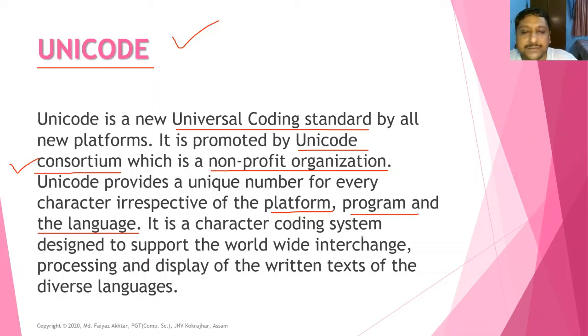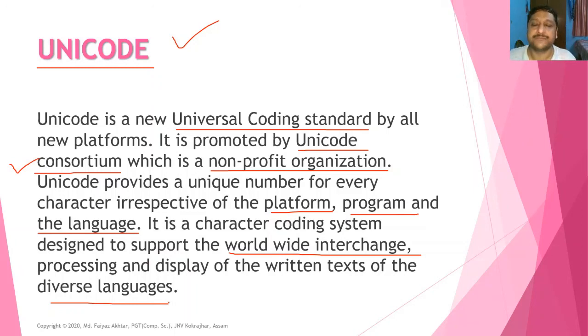It is a character coding system designed to support the worldwide interchange, processing and display of the written text of diverse languages. So many languages can be used. Okay, this is known as Unicode, the Universal Coding System. It is a generalized coding system for use with the whole world, irrespective of the platform.